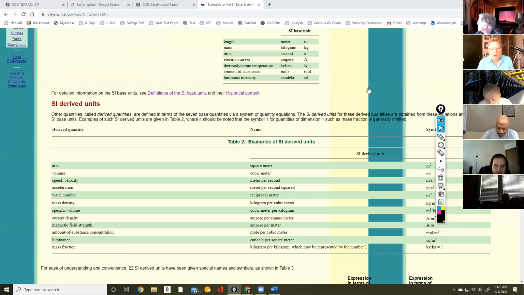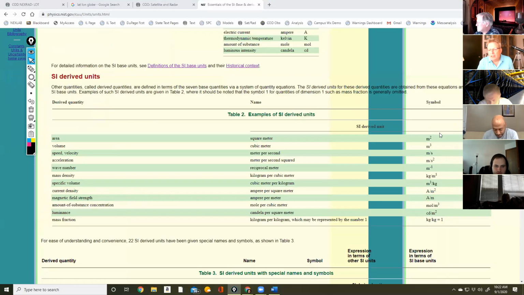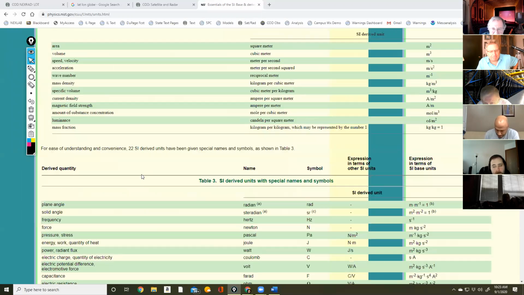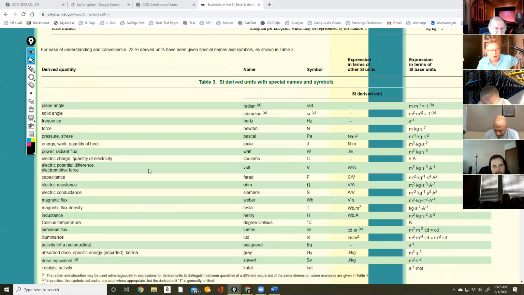Then they have what they call derived SI units: area is meters squared, volume is meters cubed, speed or velocity is meters per second, acceleration is meter per second squared, and really it should be m times s to the minus 2. Density is going to be kilogram per meter cubed. Then there's going to be derived quantity.